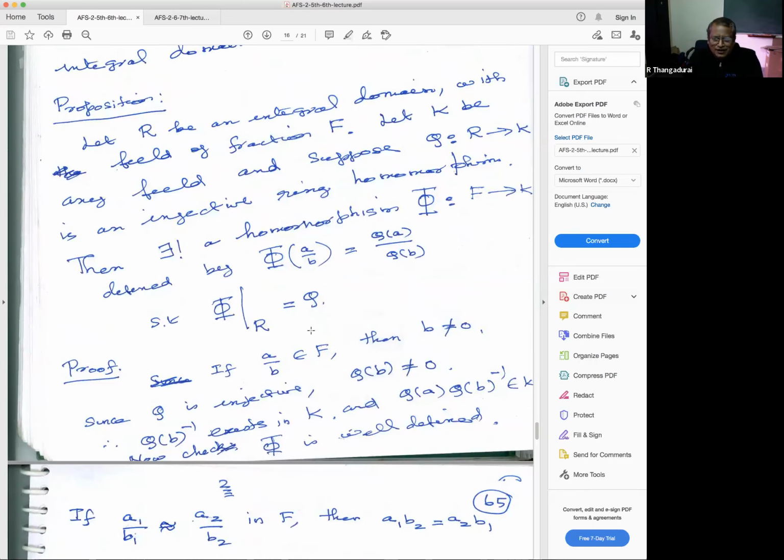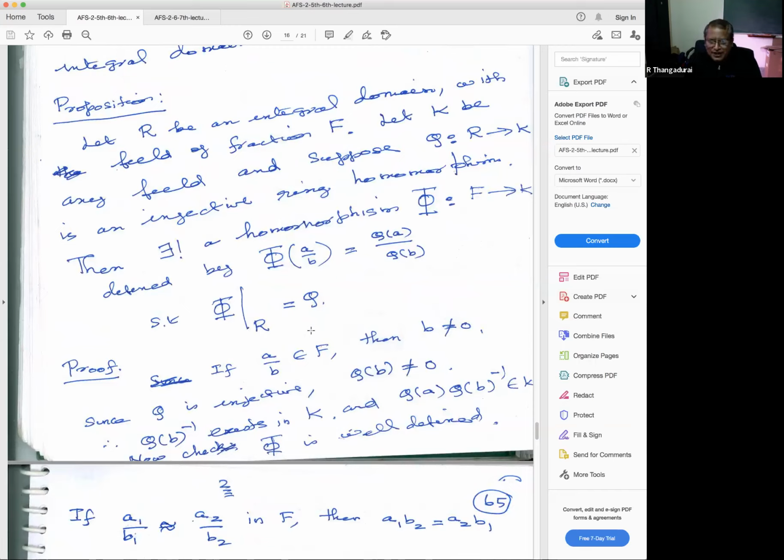First of all, we want to construct the homomorphism from F to K. So we start with any element. Any element is an equivalence class, and the representation looks like a/b, where a/b belongs to F and b is non-zero.